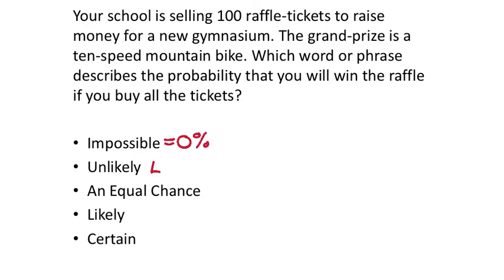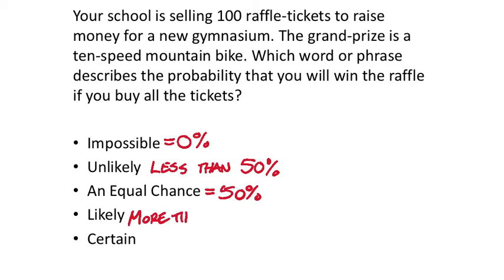Unlikely is less than 50%, or less than 1/2. An equal chance means it's exactly 50%. Likely is more than 50%. And then certain is exactly 100%.